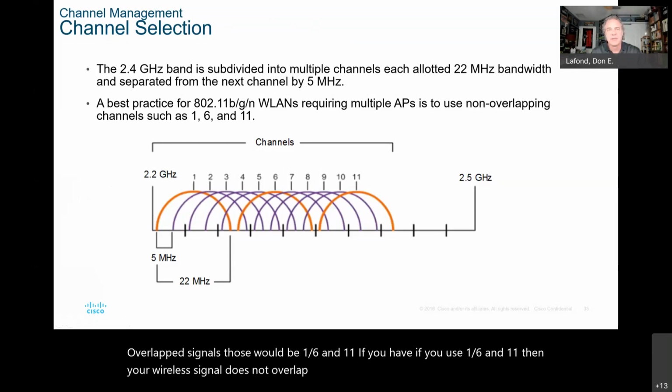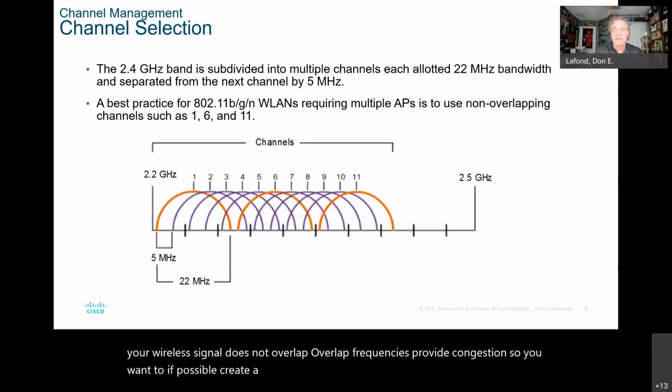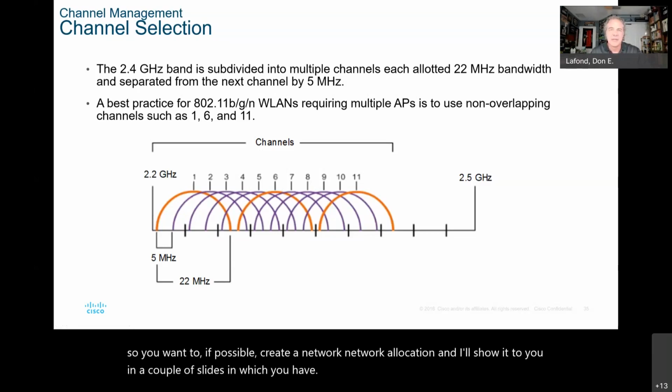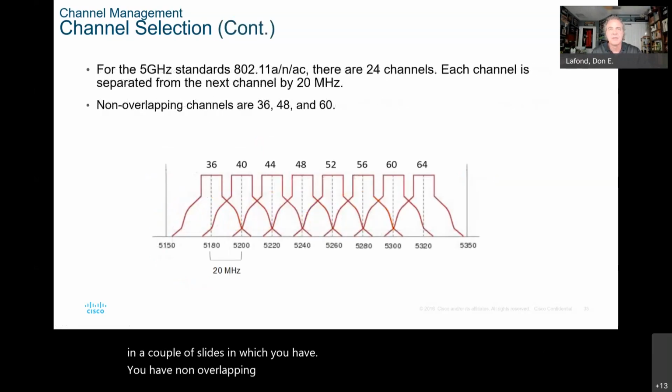Overlapped frequencies provide congestion, so you want to, if possible, create a network allocation, and I'll show it to you in a couple slides, in which you have non-overlapping channels. Now you can do the same thing in the 5 gigahertz standard.